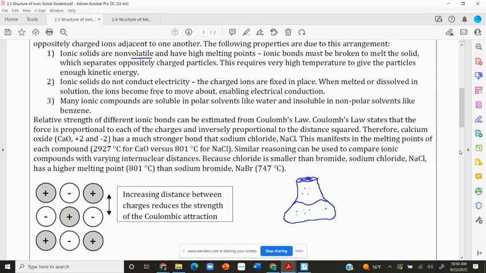If you have a volatile substance, that means that you have low IMFs, intermolecular forces, which allow more of this liquid to become a gas.